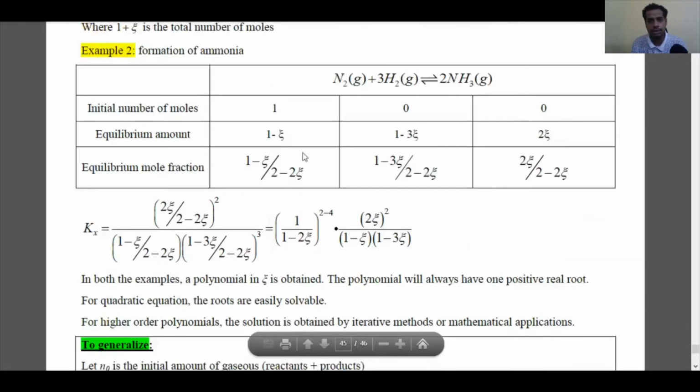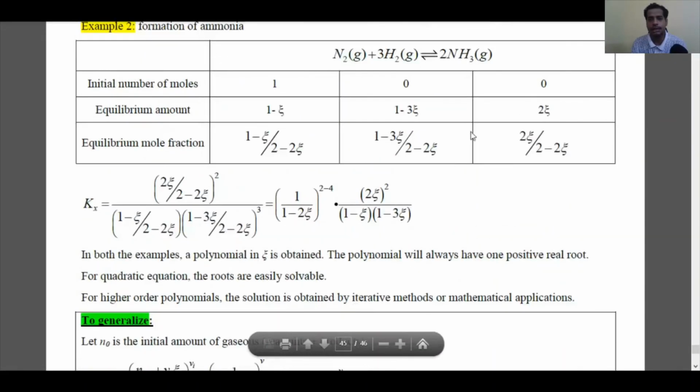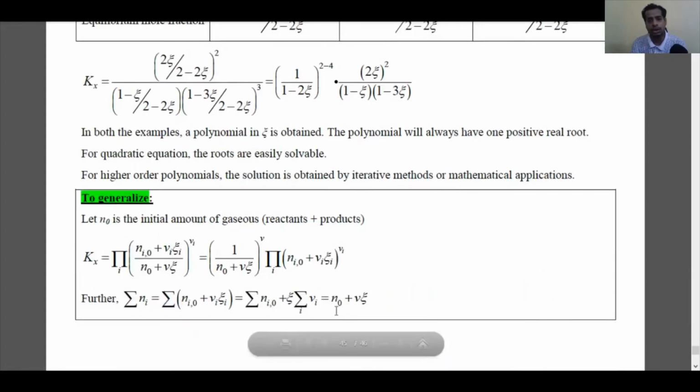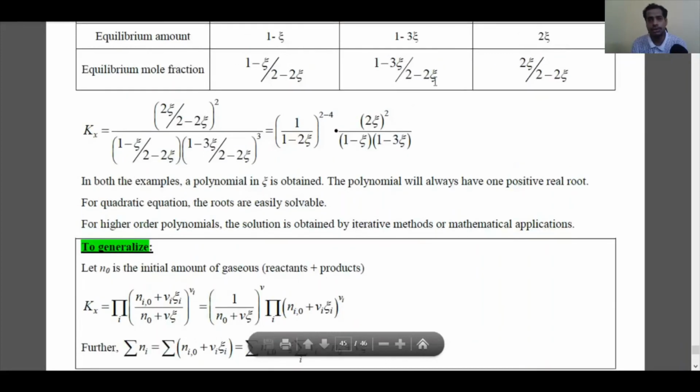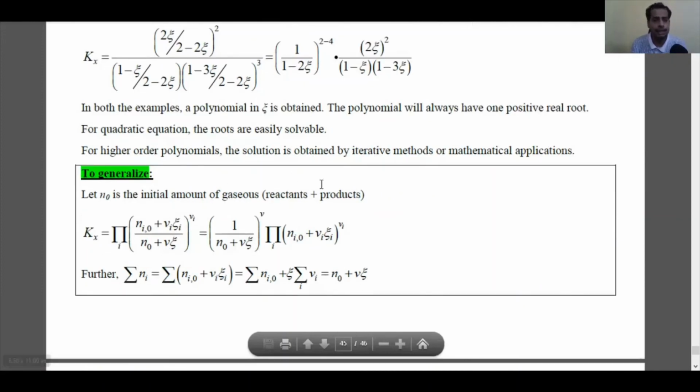N0 was 4 because 1 plus 3 is 4, and V xi is minus 2 xi: on the product side 2 moles, on the reactant side 4 moles, so 2 minus 4 is minus 2. So 4 minus 2 xi is the total number of moles. It will be applicable to all reactions. So this is a generalized reaction.